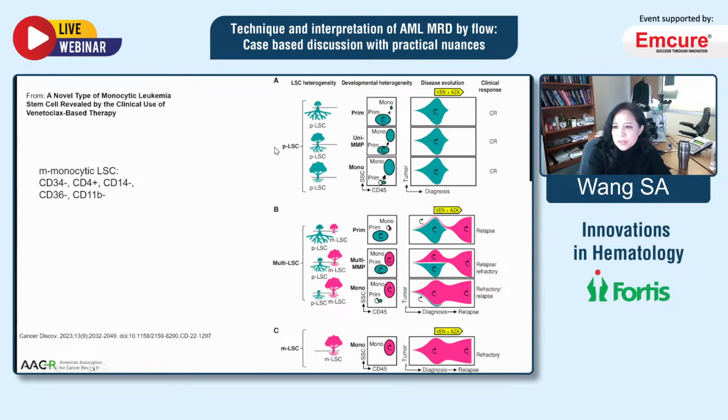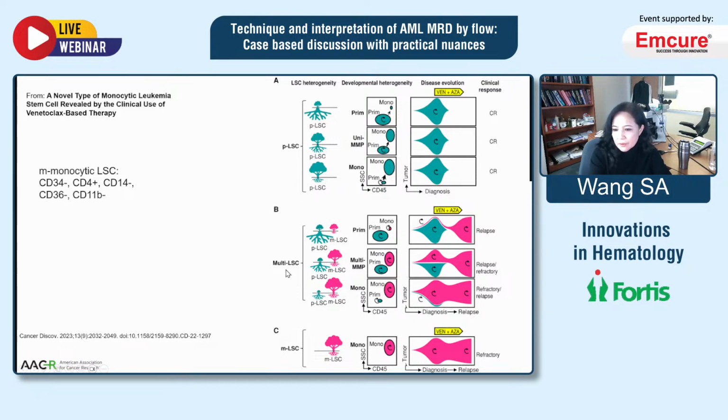For patients with a primitive immunophenotype and monocytes at the time of diagnosis: if the precursor cells have a myeloid primitive immunophenotype, even though they have monocytes, and the primitive cells means CD34 positive, if the leukemic stem cells are the primitive type, they depend on BCL2, and you easily achieve complete remission, right?